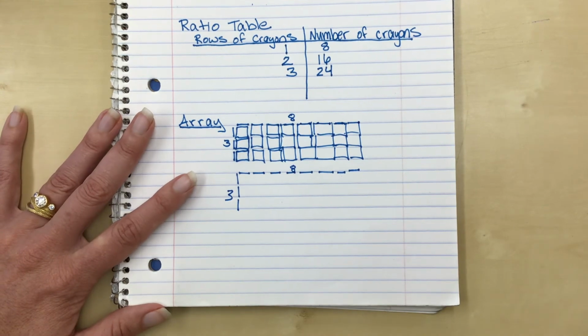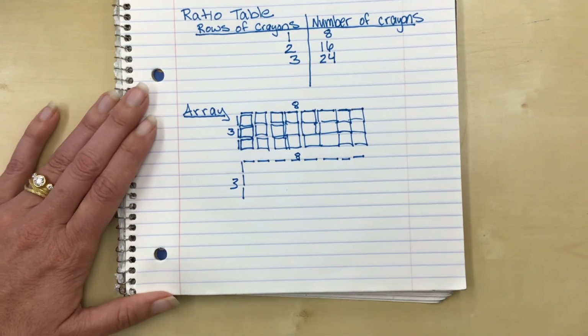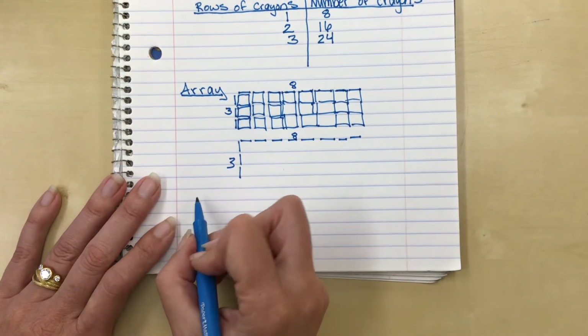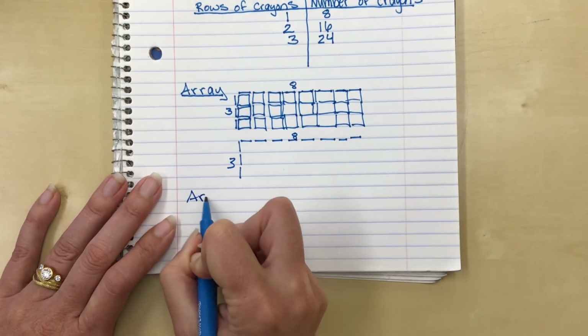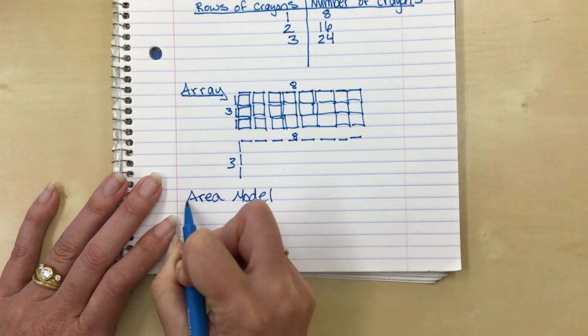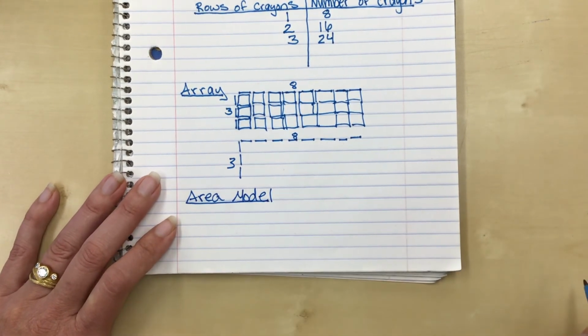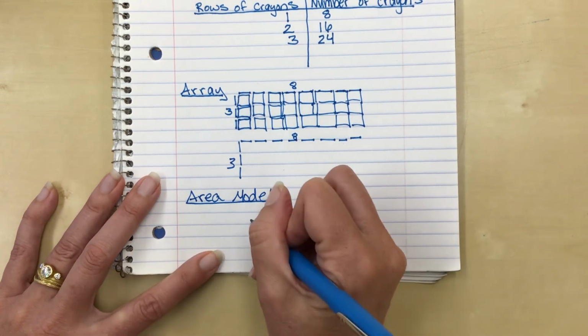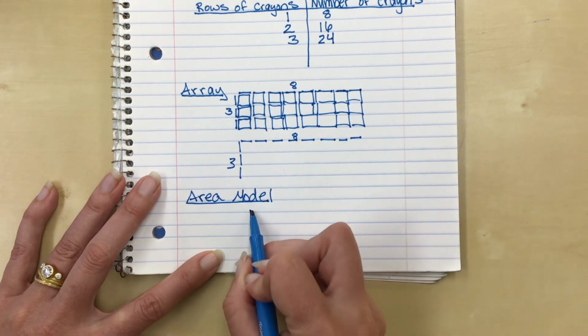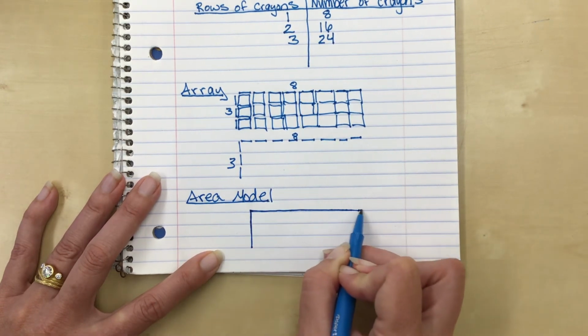All right, one more, and it's the area model. And it's very simple. Maybe you already know that 3 times 8 is 24. So this is 3 down, and this is 8 across.